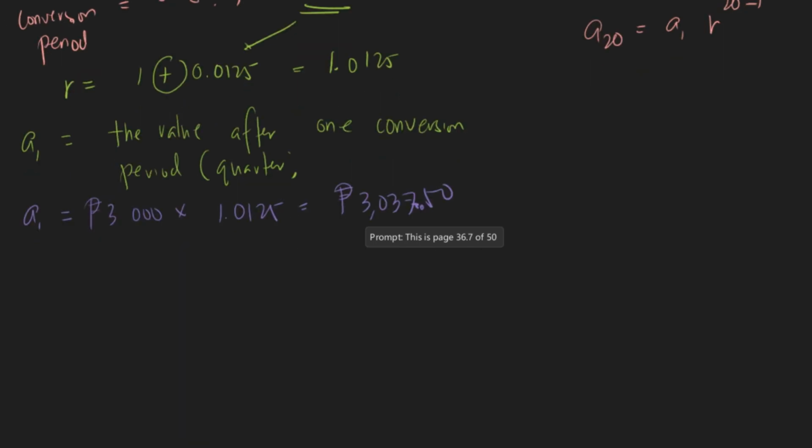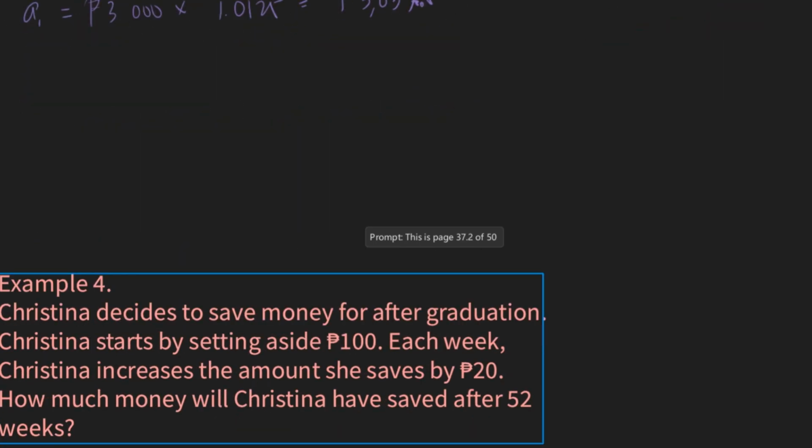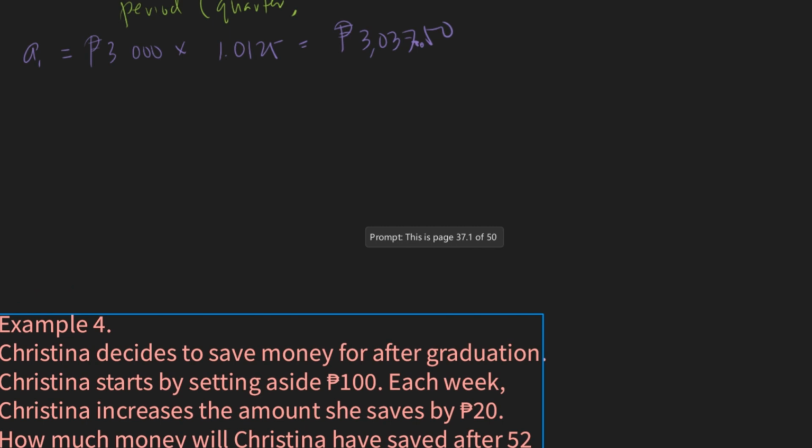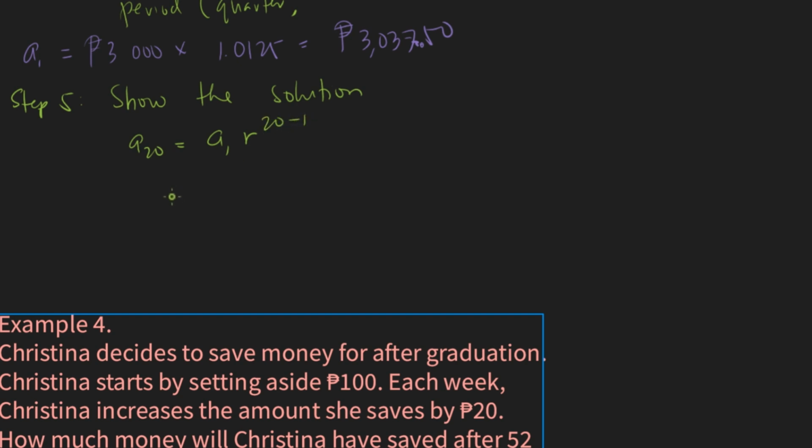Step number 5. Step 5 is our solution. Show the solution. So a sub 20 is equal to a sub 1 times the common ratio to the power of 20 minus 1.